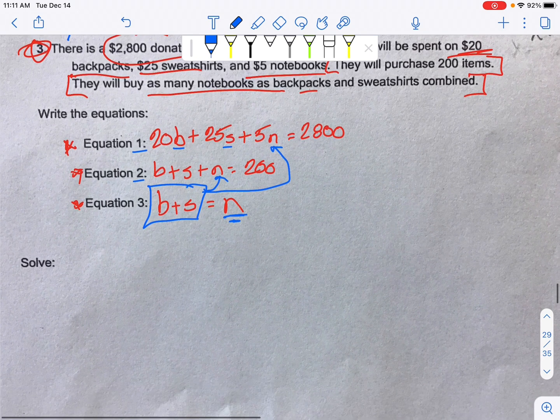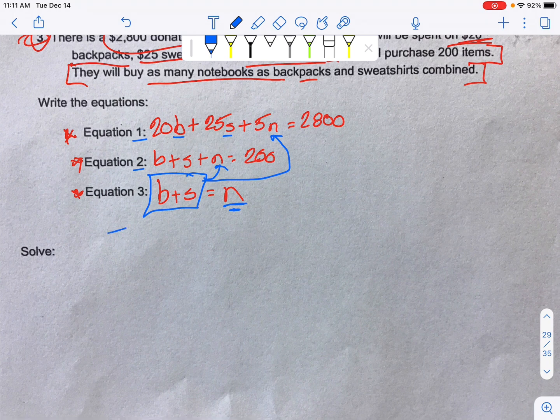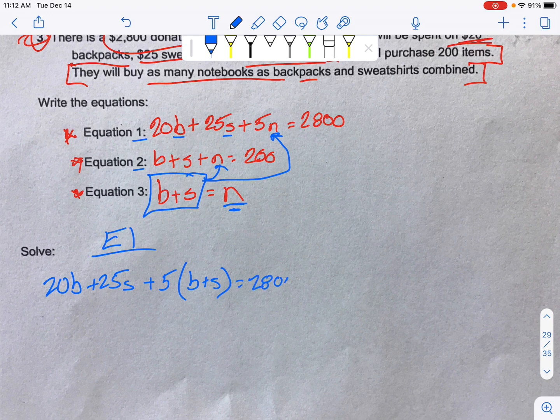That's no big deal. So let's take equation 1 and plug b plus s in for n. So we would have 20b plus 25s plus 5 times b plus s equals 2,800.